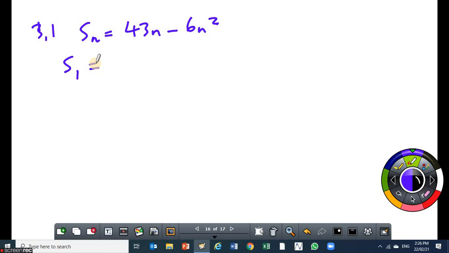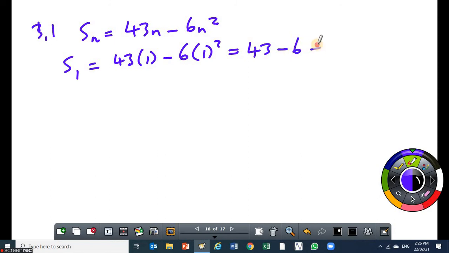So when there is n here, we put 1. So you get 43 times 1 minus 6 times 1 squared. That will give you 43 minus 6, and you get 37. This 37 here, that's your T1. S1 is equal to T1.